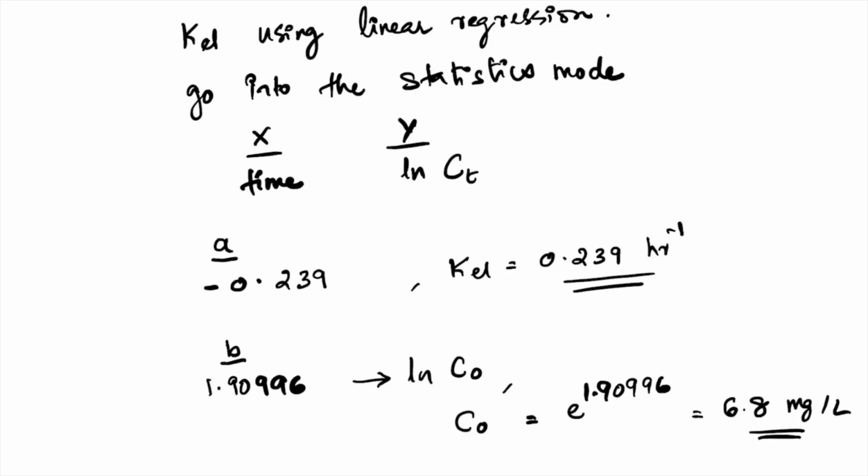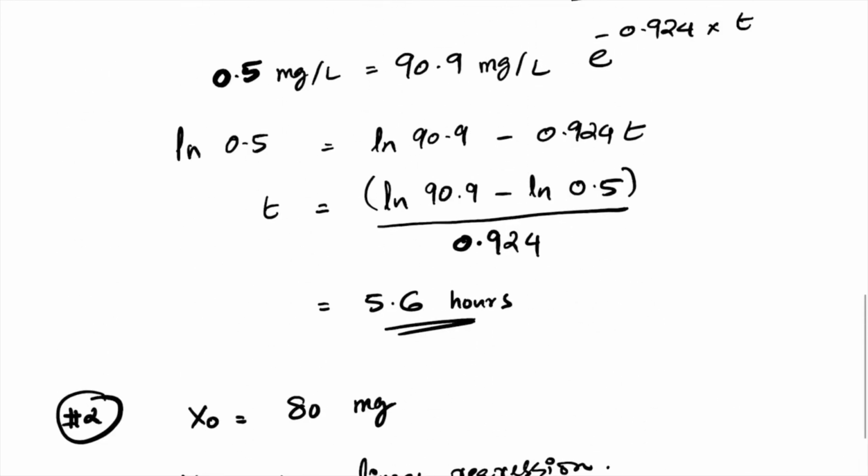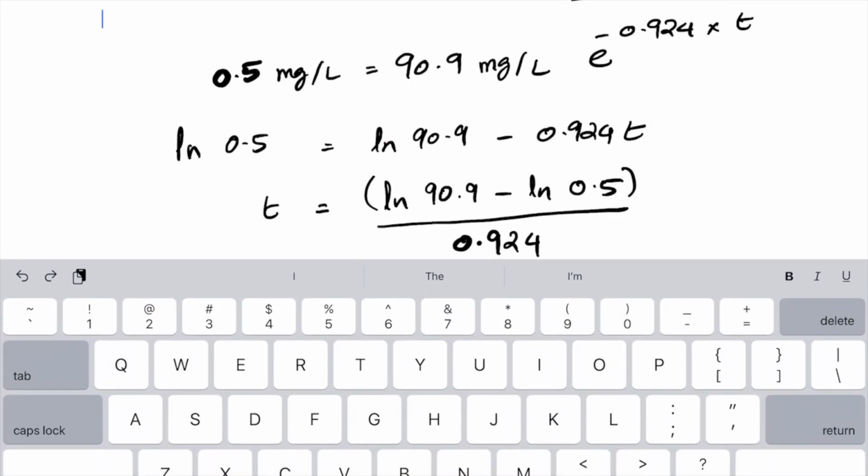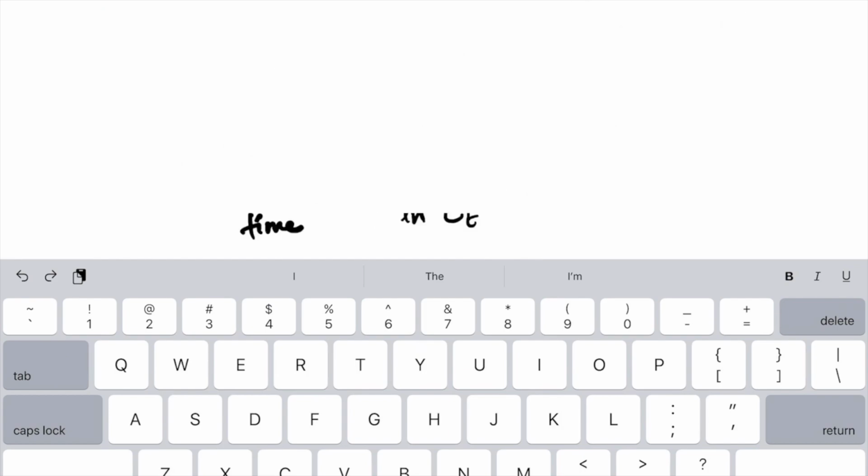Now, the next part of the problem is to calculate the AUC using the trapezoidal rule. So AUC 0 to infinity. So again, we have to go back and start with the trapezoid, the area.